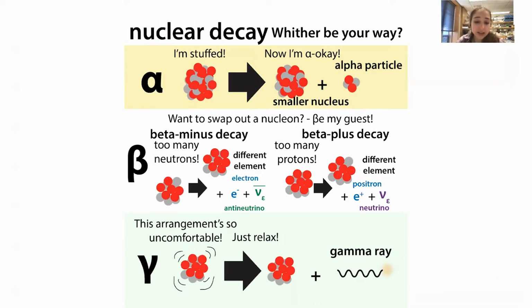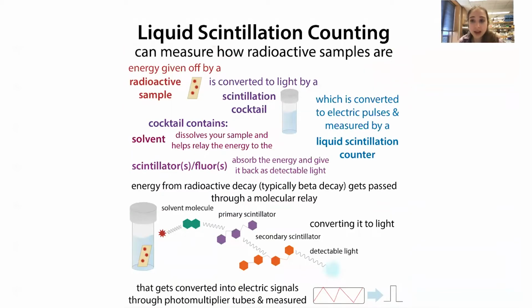When it gets unhappy, it's going to let off this radiation. These radioactive particles are high energy. So if we can detect this energy, that would give us a way to detect how much of the radioactive thing there was.